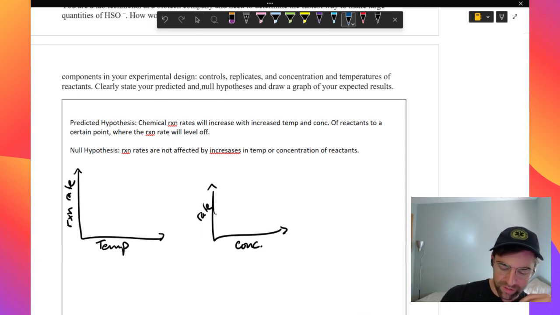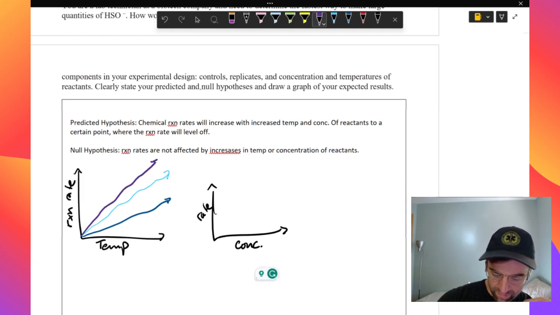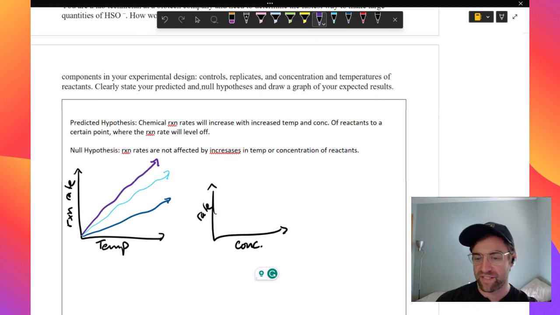And we might have one trial that looks something like this, and another that has something like this. And then purple would be our fastest as we increase temperature the highest, we will say. Yeah, something like that.